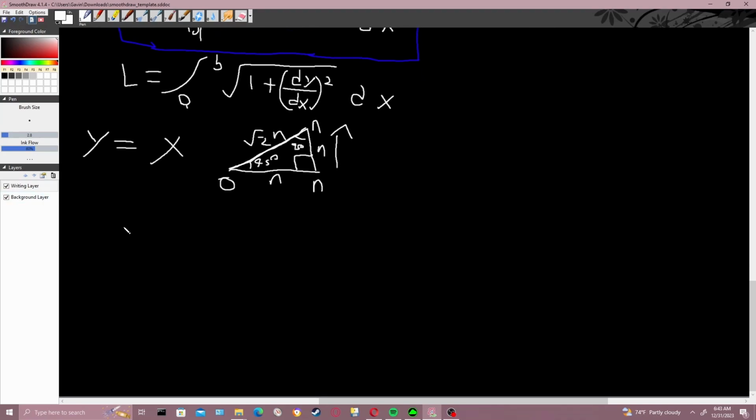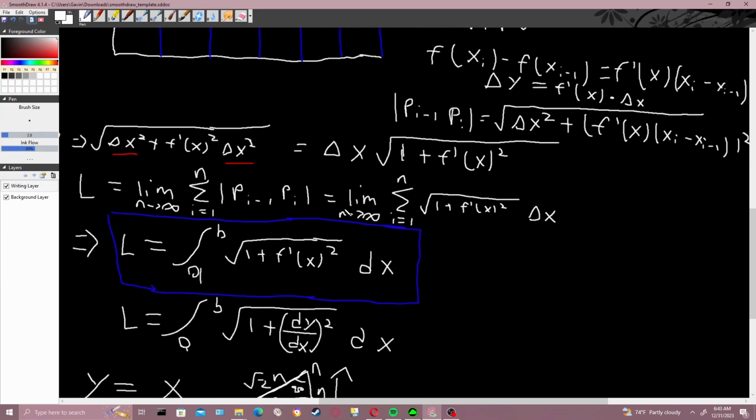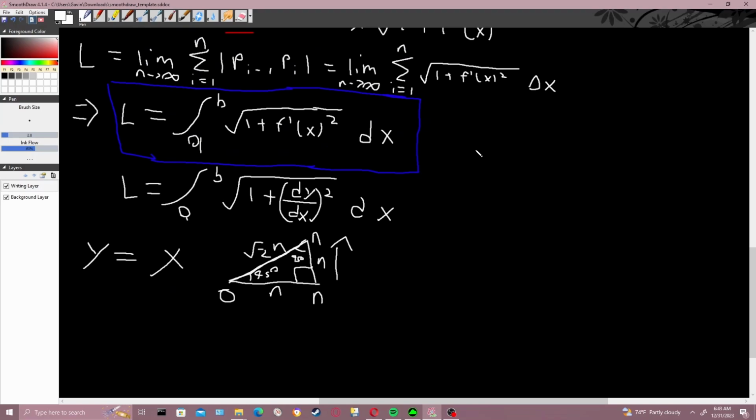So let us plug it in. The integral of the square root of 1 plus d over dx of x, squared, dx should equal square root of 2 x.